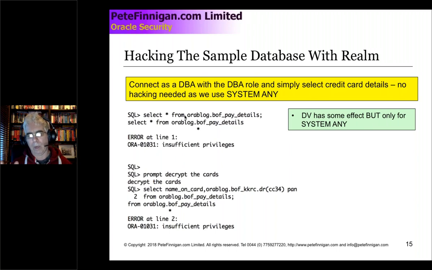It doesn't know anything about your data, doesn't protect your data. If you then add a realm around your data, it still doesn't work in my example. We can still attack it, we can still do SQL injection, SQL injection still works. If we try and attack as a DBA and use the sweeping any privileges, database vault works. So it works in a limited scenario. So you've got to be aware of this.